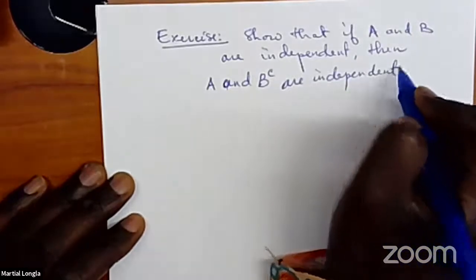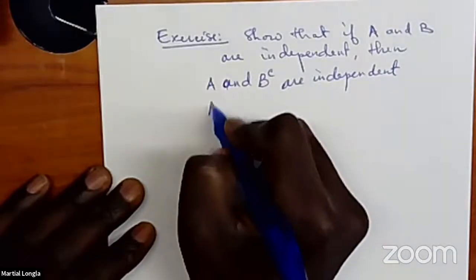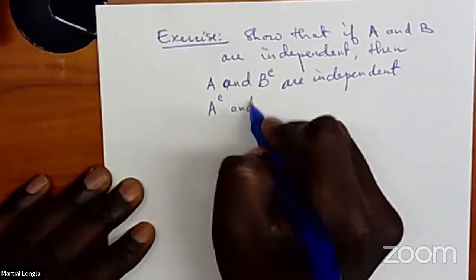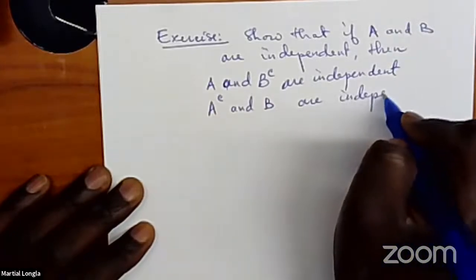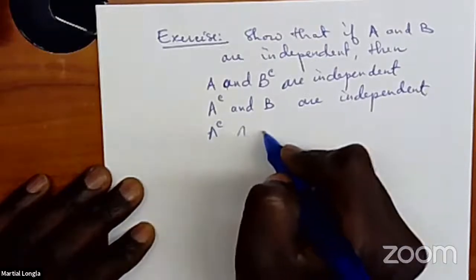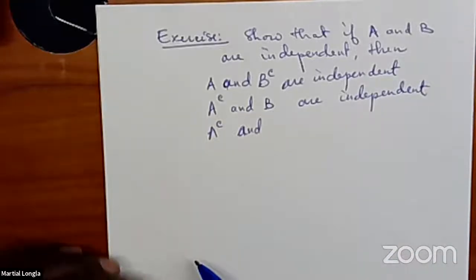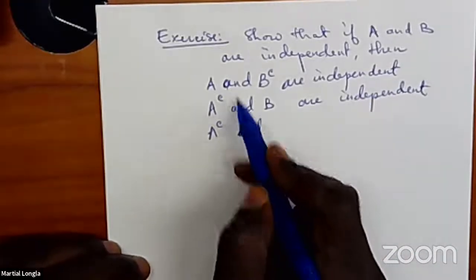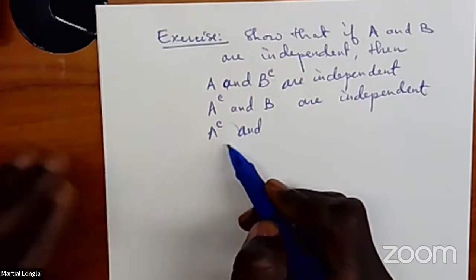We never showed this, but you use it in that problem, right? A complement and B are independent. And A complement and, actually, okay, I need to point here, right? I want to write "and" and I was putting the sign. If I put the sign here, I'm wrong, right?